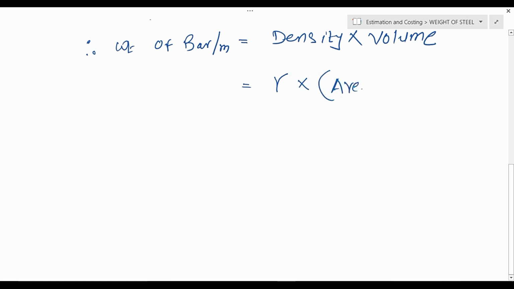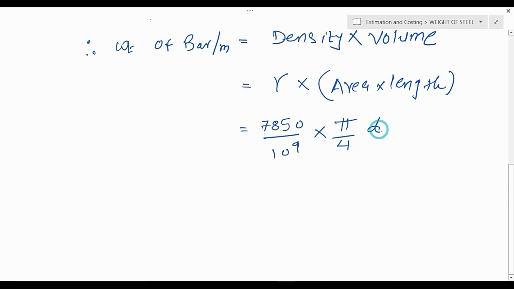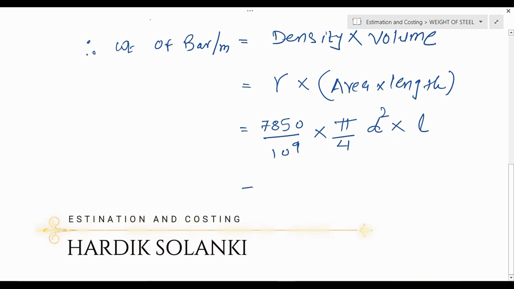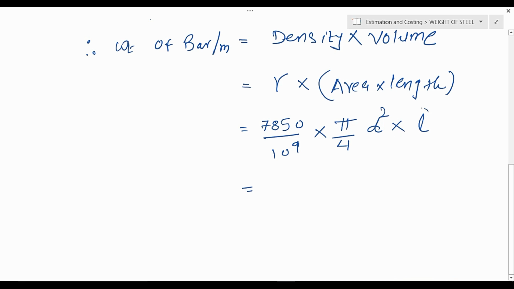So density is 7850 divided by 10 raised to 9, multiplied by the area of a circular bar, which is pi by 4 diameter square, multiplied by length, denoted by L. Now if I simplify this, I'm considering my length per meter, so this L will be 1000 mm.